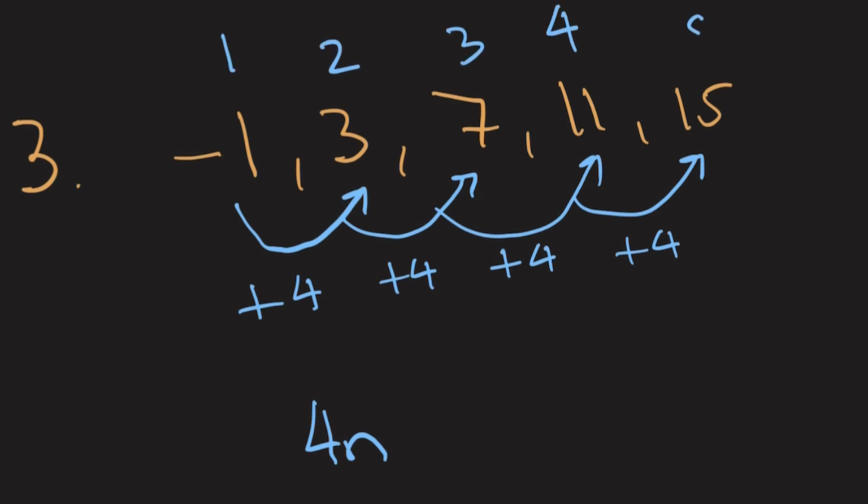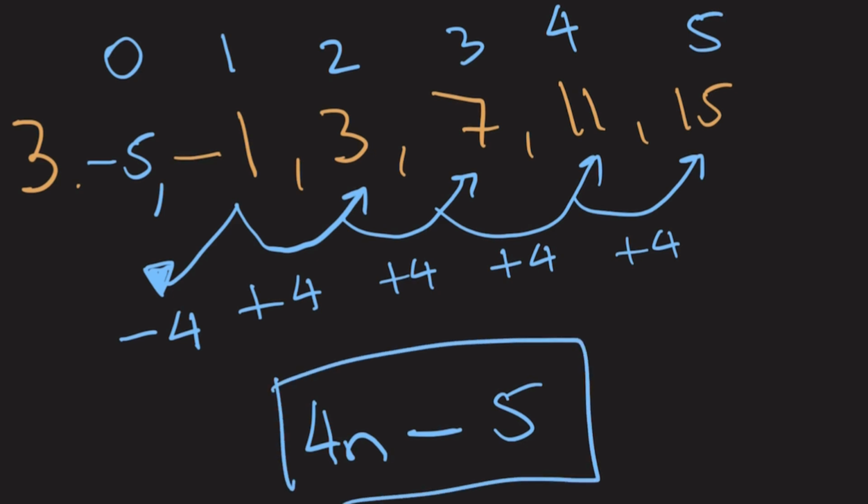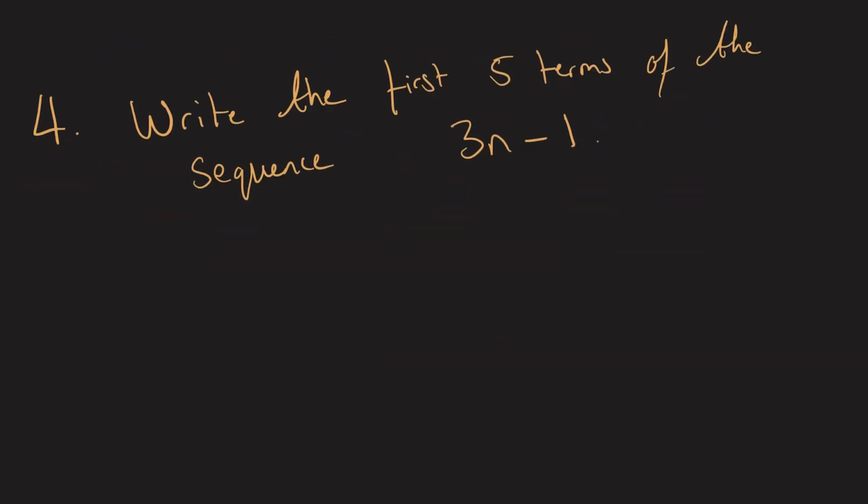So I'm going to first label the position of each number in the sequence. 0 would be here. So to go backwards, I would have to minus 4, because in the forward direction it is plus 4, in the backwards direction it has to be minus 4, which gets me minus 5. So minus 1 take away minus 4 gets me minus 5. That would leave me with the answer of 4n minus 5.